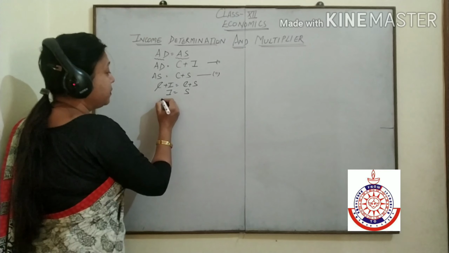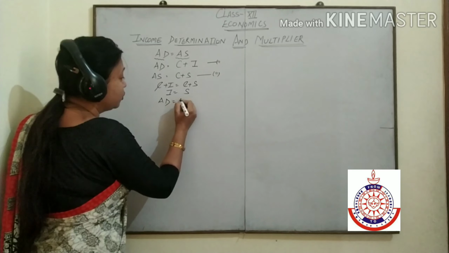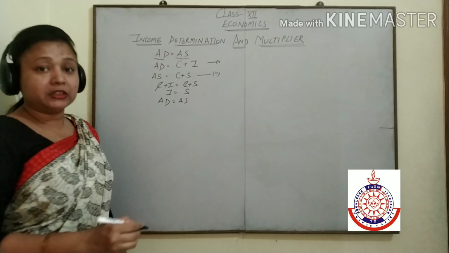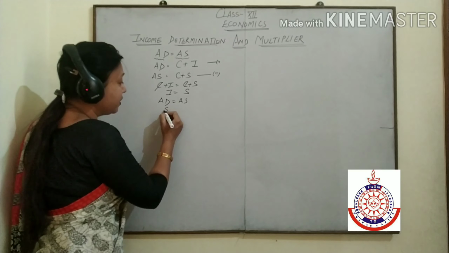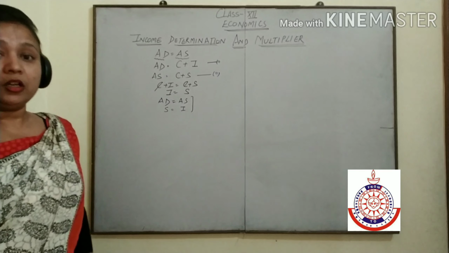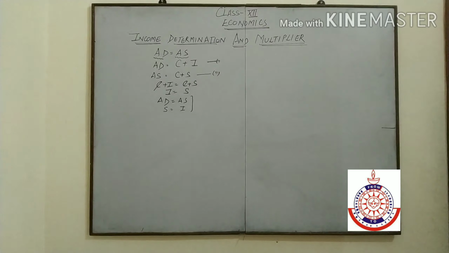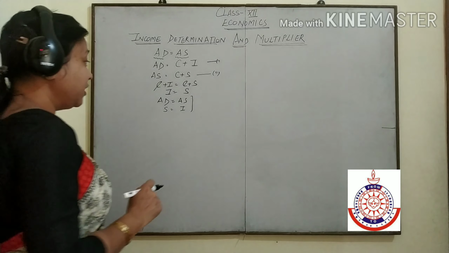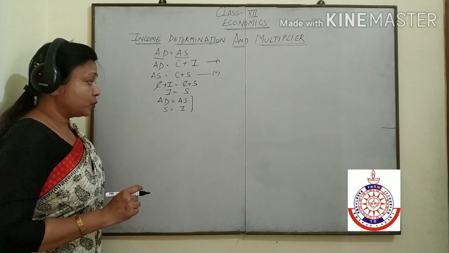So equilibrium can be reached through aggregate demand equal to aggregate supply, and saving equal to investment. Here we are taking two approaches.